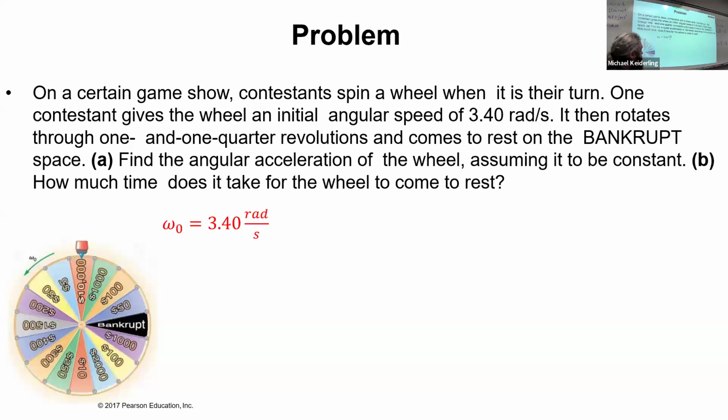So our initial angular velocity is 3.4 radians per second. The angle we go through is 1.25 revolutions, which is 1.25 times 2 pi radians. Our final speed is 0 radians per second.